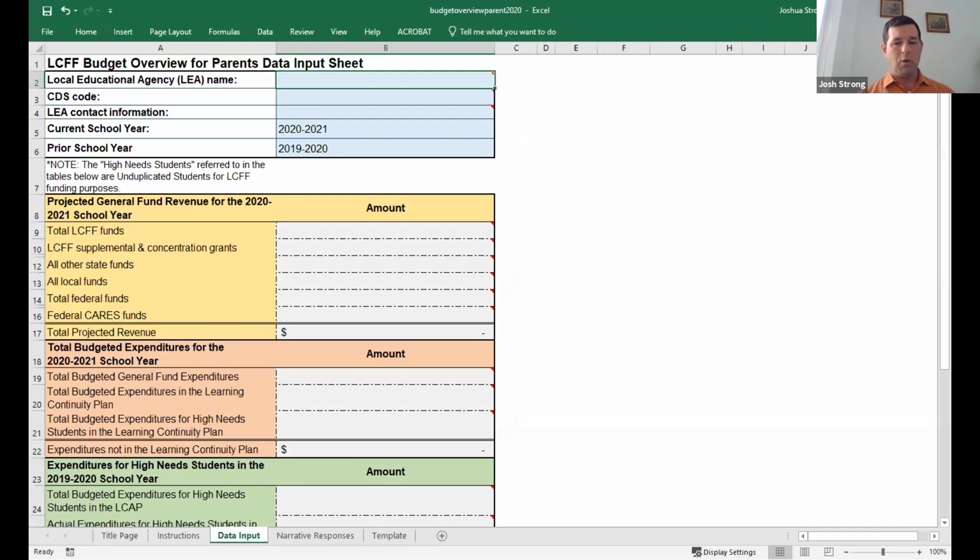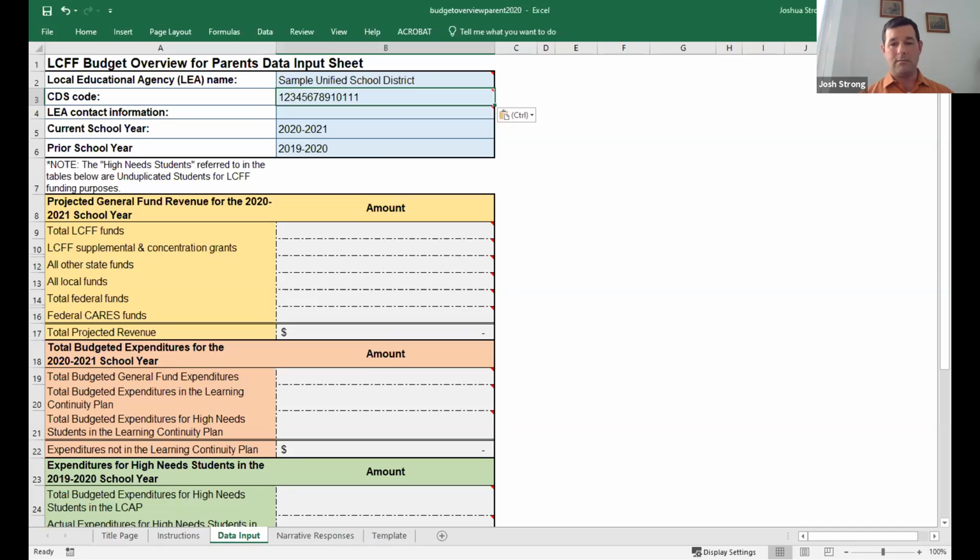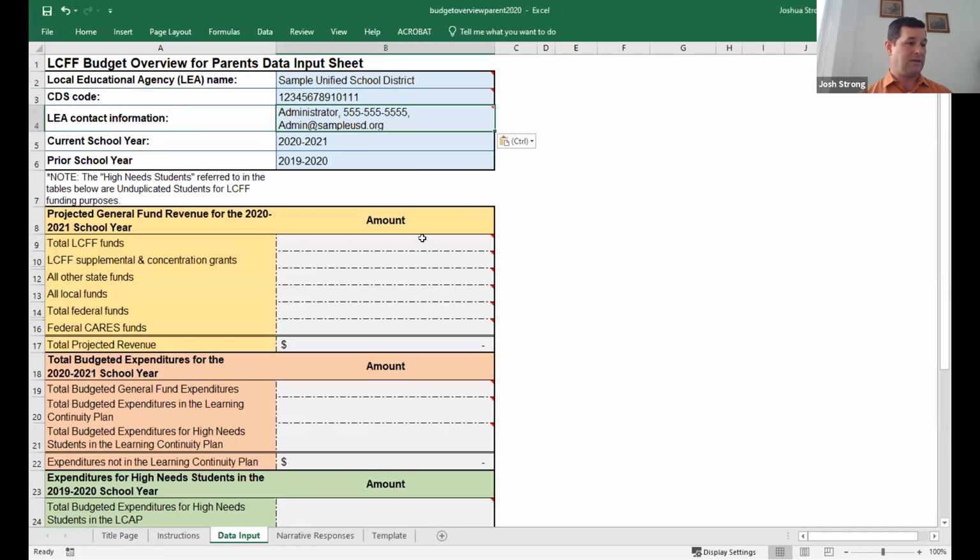So what we'll do here is we'll go ahead and input some information into this template so that everybody can see what's being done. And again, all I'm doing here is double clicking on that cell in order to highlight it and then pasting in the information.